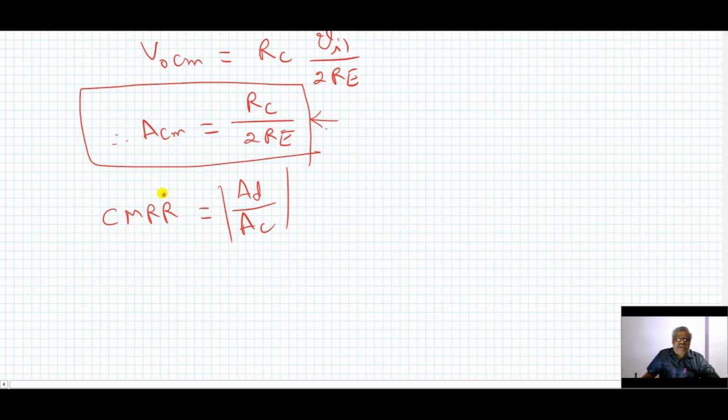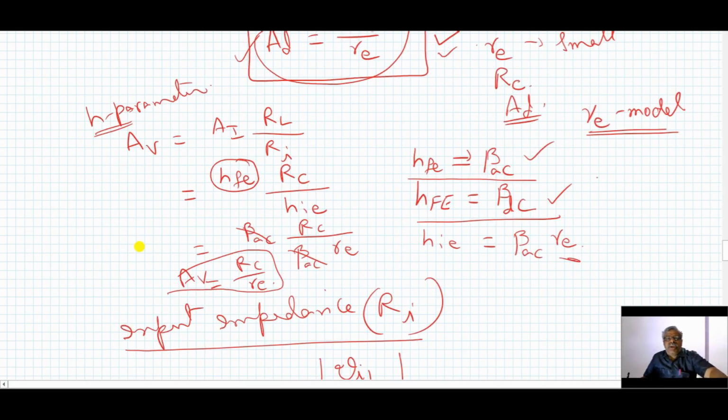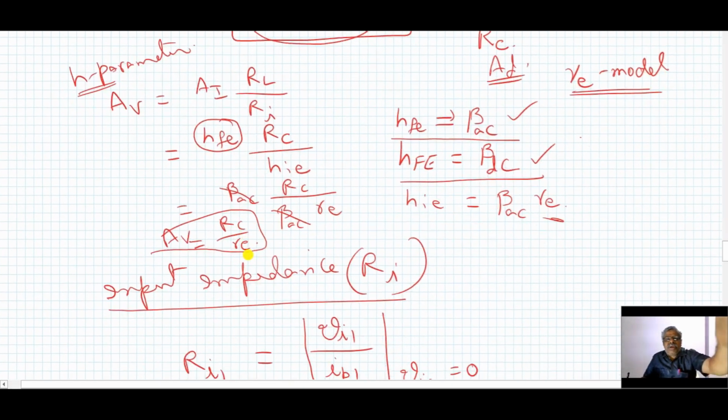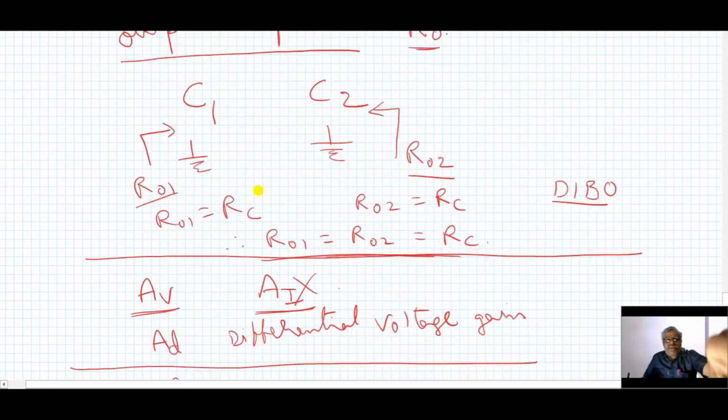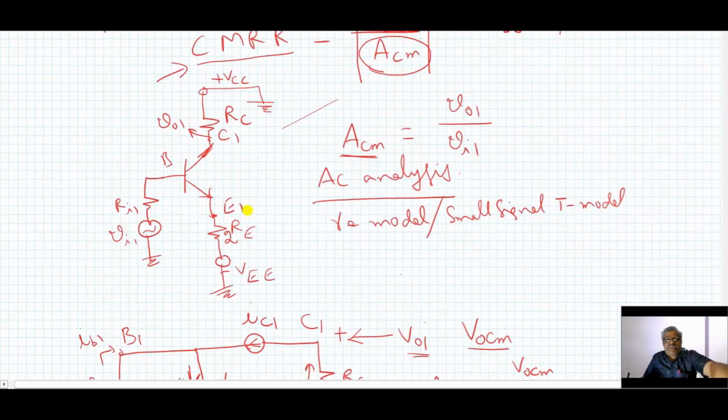We already derived earlier the differential mode gain, so it is now very easy to find out the expression for CMRR, which is defined as the ratio of AD to ACM. And what is AD? We got earlier AD is equal to RC by small re. So let us substitute that here.